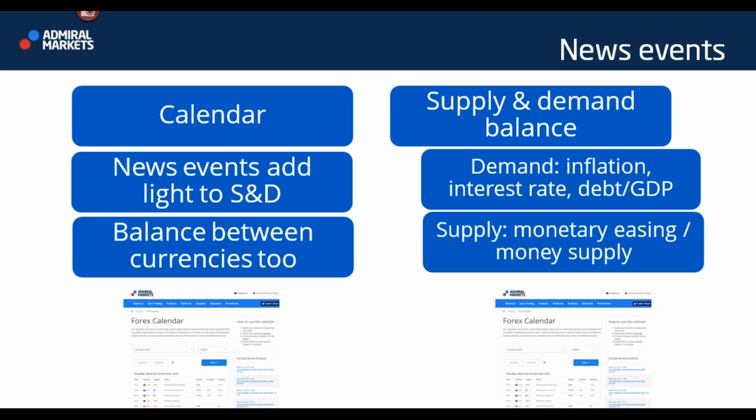Logical. Each dollar has less value in that case. So if there's monetary tightening, and there's less money floating around, then each dollar is going to be worth more. So it's that balance.